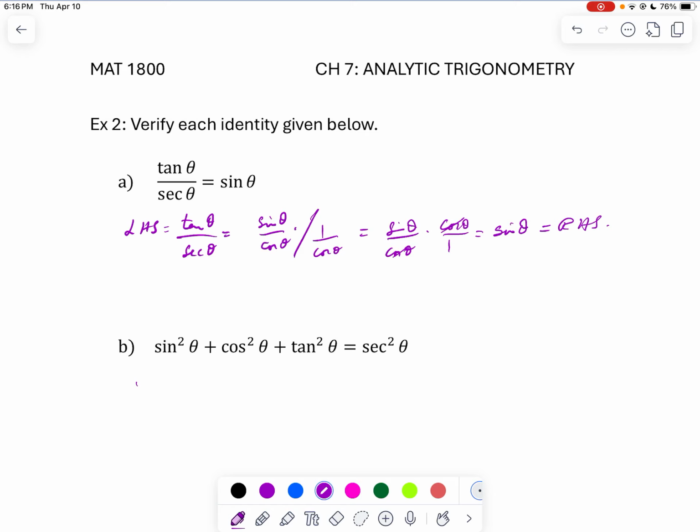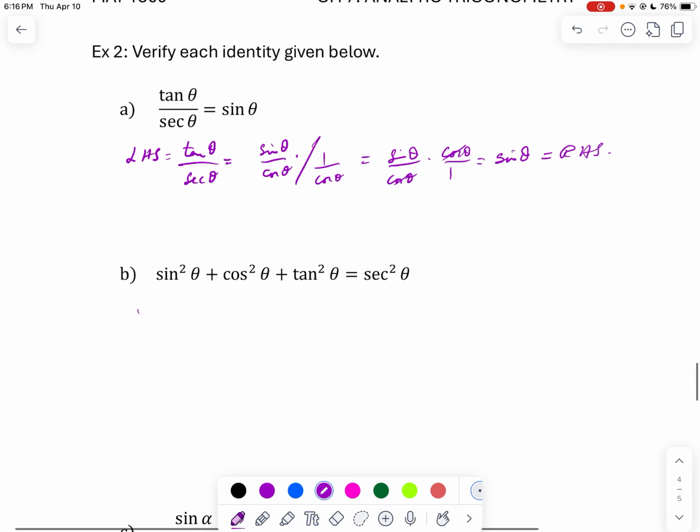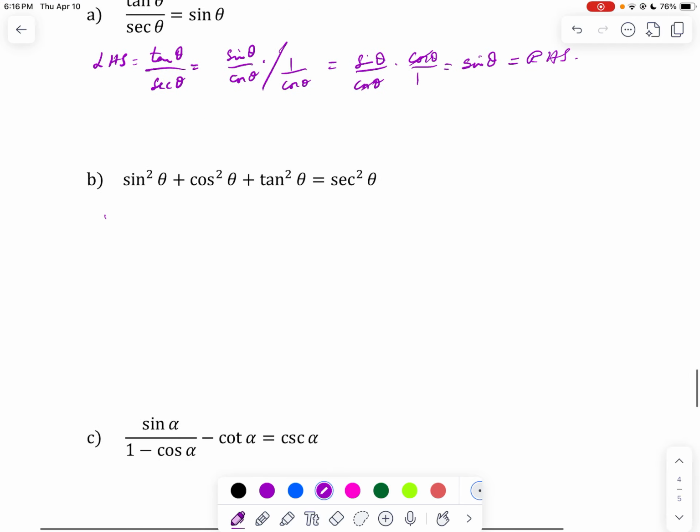Looking at the next one, again, the left hand side looks complicated, so we will start here. There are several ways to think about it. So let's first look at what the left hand side is: sine squared theta plus cosine squared theta plus tangent squared theta.